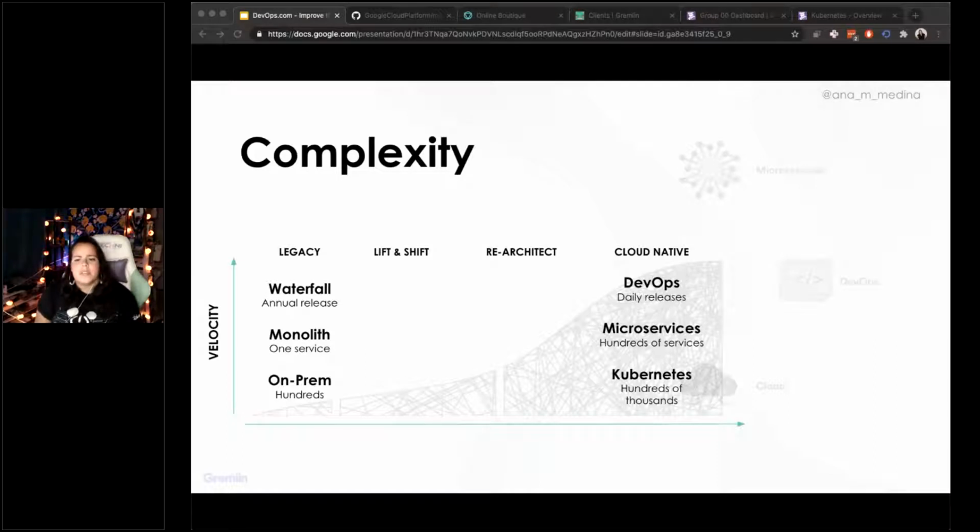We were able to shift left and we re-architected everything, and cloud native and DevOps happened. And now with these technologies and practices, we're able to have daily releases that allow us to innovate faster and actually get to do some really, really cool work. We also have seen how microservices allow us to decouple dependencies and just push out small features at a faster rate than ever before.